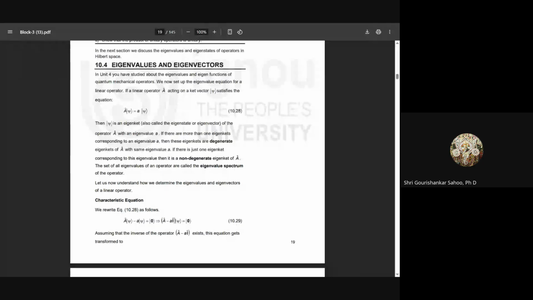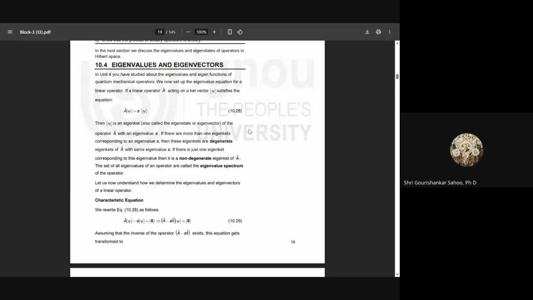So A cap is an operator, psi is a state vector, and on the right hand side psi is a state vector multiplied by A. So A is the eigenvalue. When an eigenvector is operated by a mathematical operator, say position operator or momentum operator or energy operator, it will give you some value multiplied by that state vector.